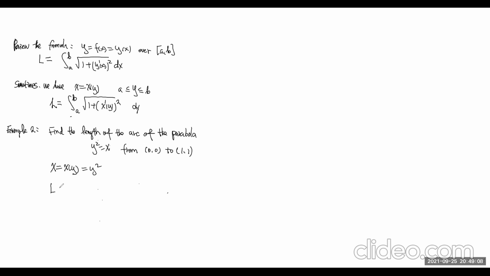And then the arc length is the integral from a to b of the square root of 1 plus x prime squared dy. Be careful, this is y, not x. And a, b is the range, between 0 and 1.